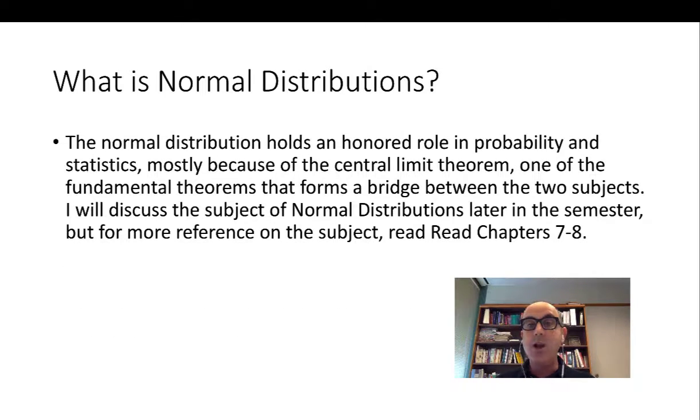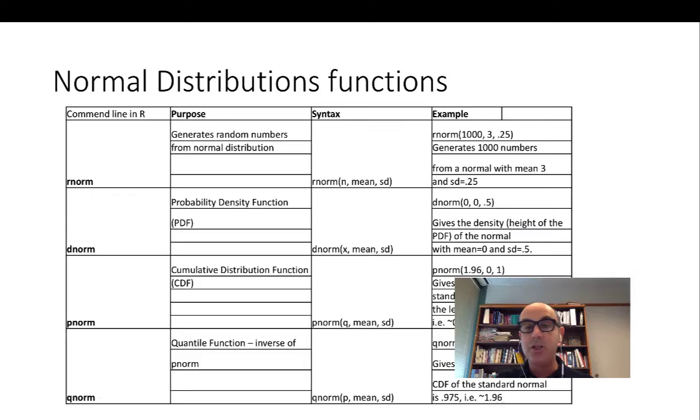And so what is a normal distribution? A normal distribution, as we learned in my book chapters 7 and 8, is the idea of a bridge between two subjects. And I will talk more about the normal distribution later in the semester. So the normal distribution functions in R are rnorm, dnorm, pnorm, and qnorm.